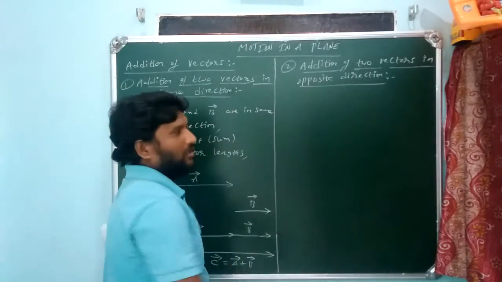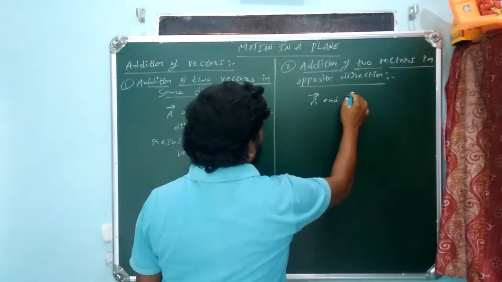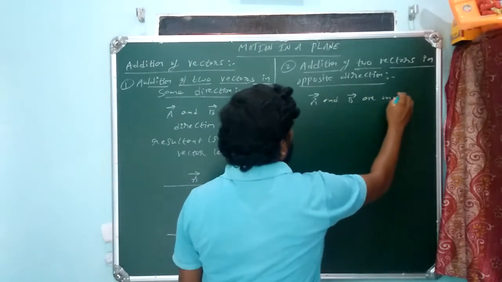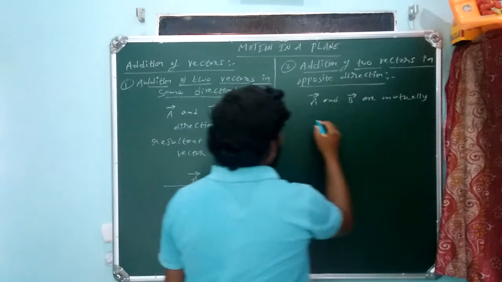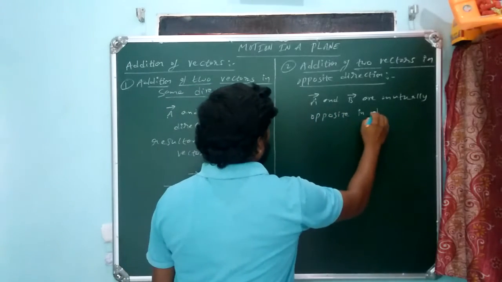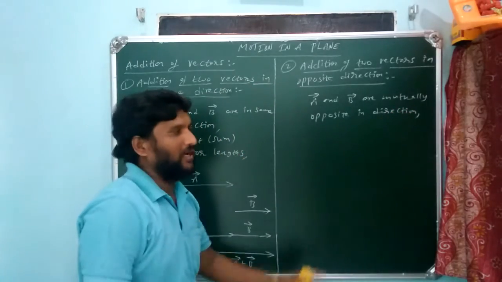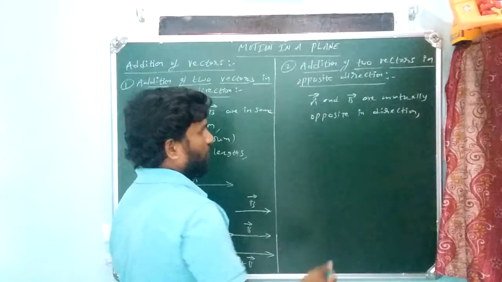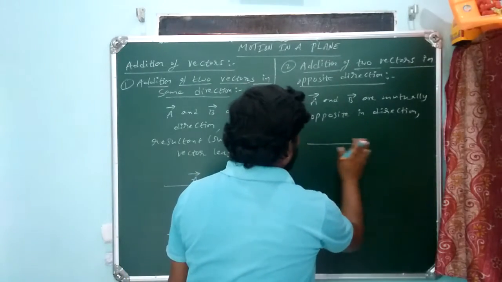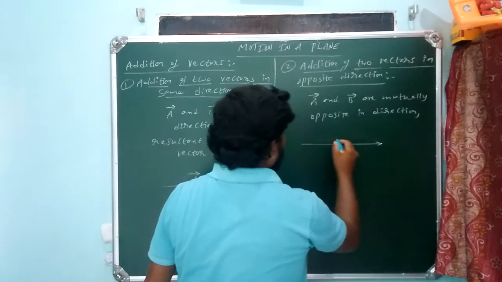If two vectors a bar and b bar are mutually opposite in direction, then the resultant is obtained by subtracting the length of the smaller vector from the larger vector. Okay, by subtracting the length of the smaller vector from the larger vector.